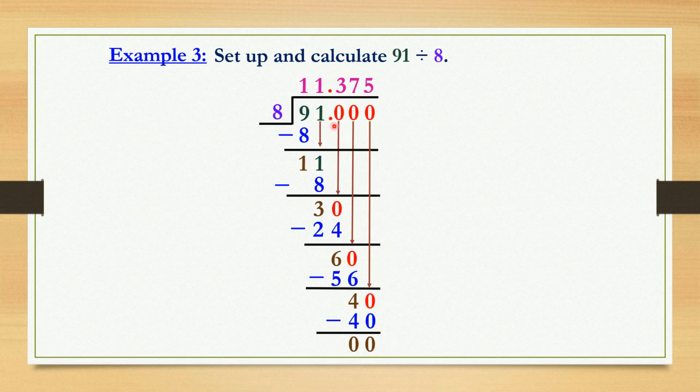Here it took me 1, 2, 3, 4, 5 steps to finish this division operation, and of course the quotient must contain 5 digits, same as the number of steps. And here we obtain a decimal quotient 11.375, and we needed 3 useless zeros to finish this division.